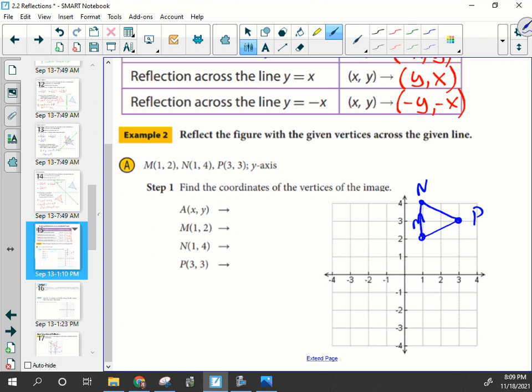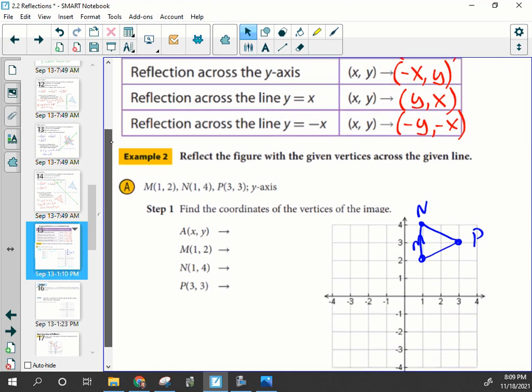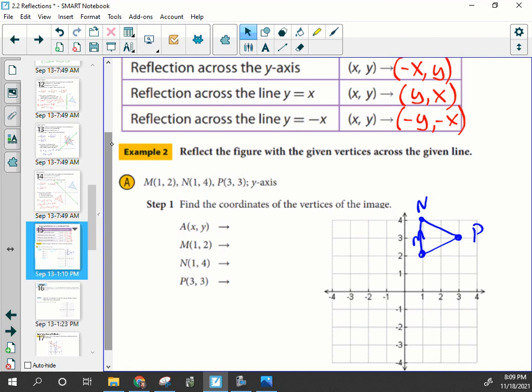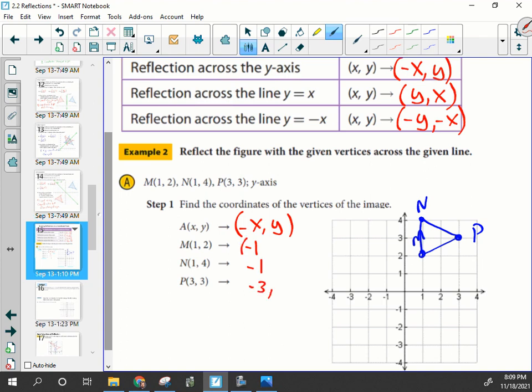If I want to reflect that triangle across the y-axis, I apply the rule: the point x, y becomes negative x, y. So I'm going to take each x coordinate and change the sign. 1 becomes negative 1, 1 again, negative 1, and 3 becomes negative 3. The y coordinate does not change.